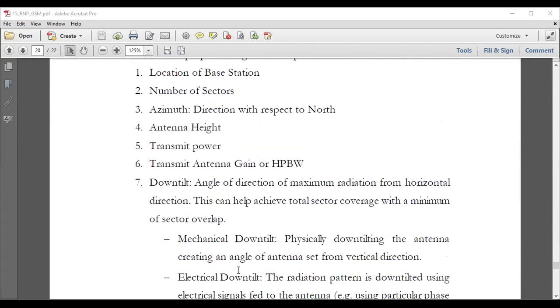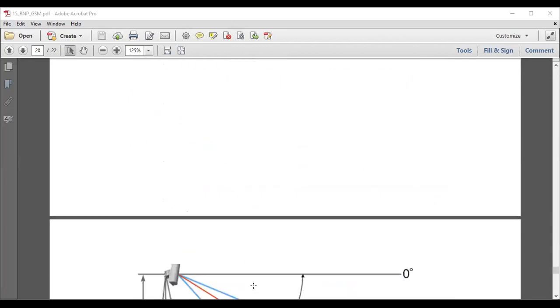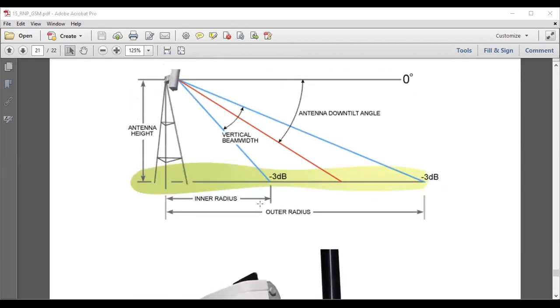So instead of, okay, try to get the point. Instead of reducing transmit power, you may keep it at the same level, but increase the down tilt. That way, you have reduced the cell size, but the users in this smaller area don't reduce their power reception.